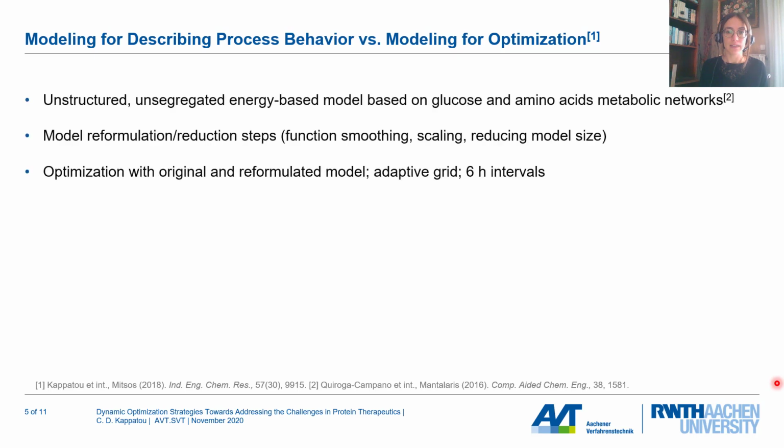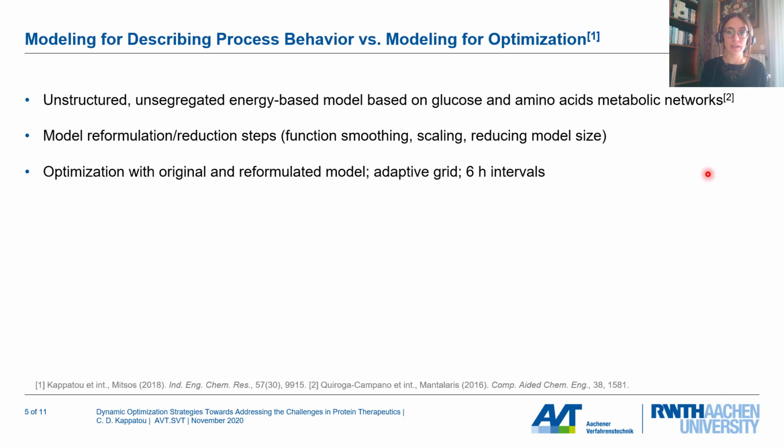To provide an example of the influence of the modeling structure on an optimization problem, we performed the following example. We took an unstructured, unsegregated, energy-based model based on cell metabolism and energy balances from our collaborators at Imperial College London.